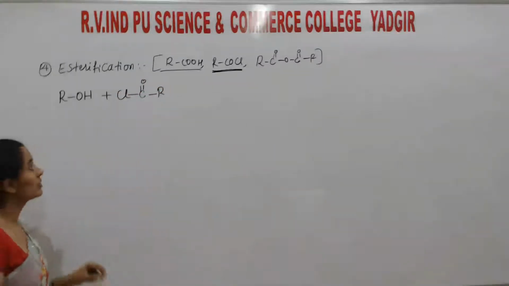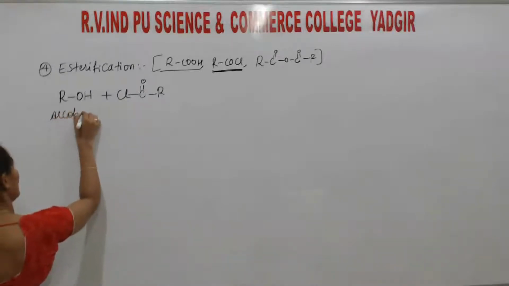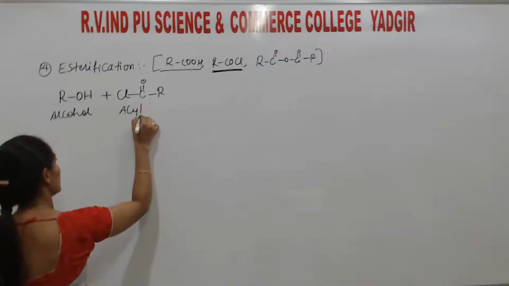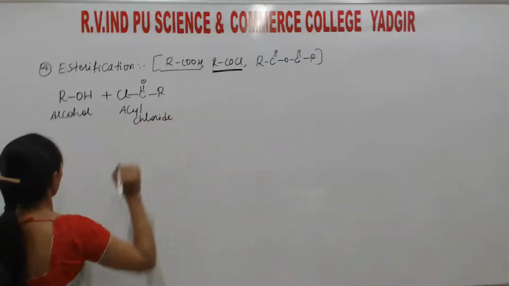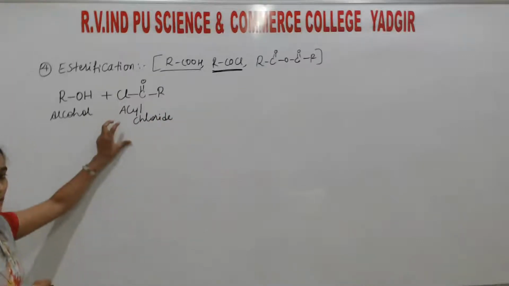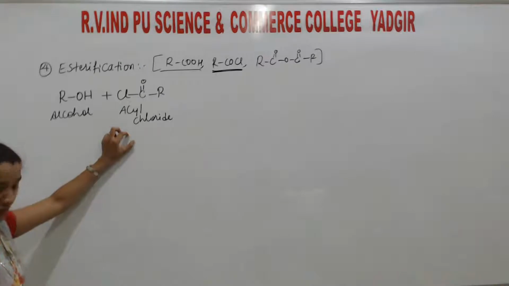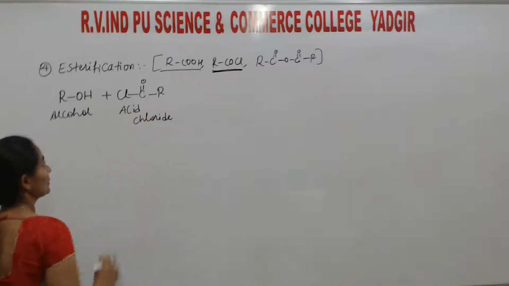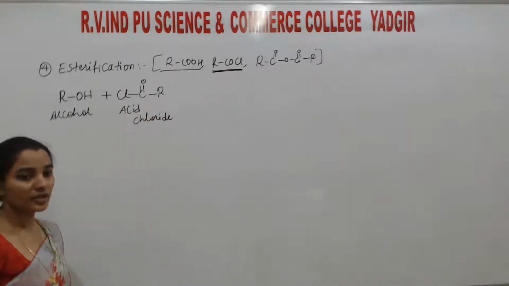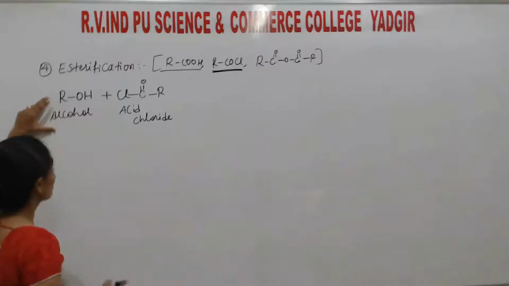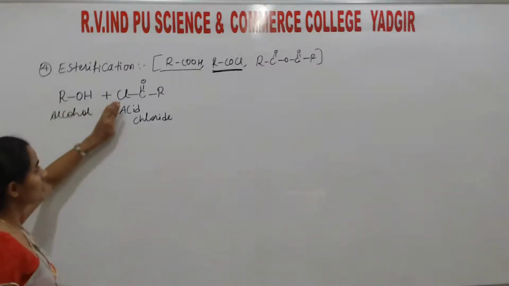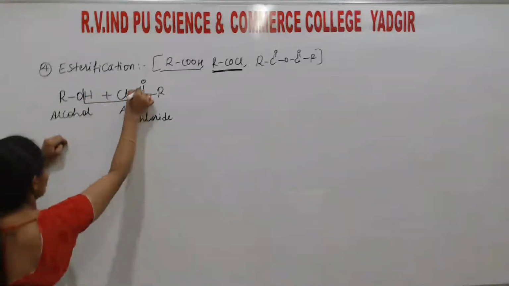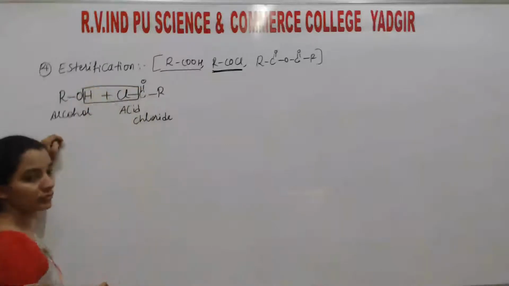This is alcohol, and this is acid chloride. Students, instead of acid, you take acid chloride. You can easily say which byproduct is formed: HCl is removed.